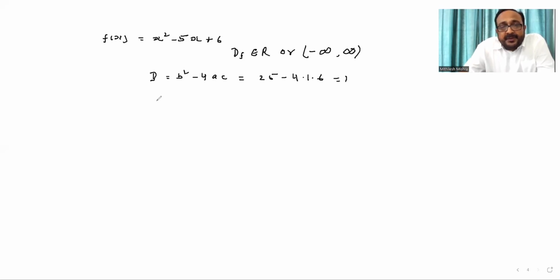Clear? -D/4a will be equal to -1/(4·1), that is -1/4. So range will be, a is here positive. In case of positive, the range is -D/4a to infinity. It's clear?